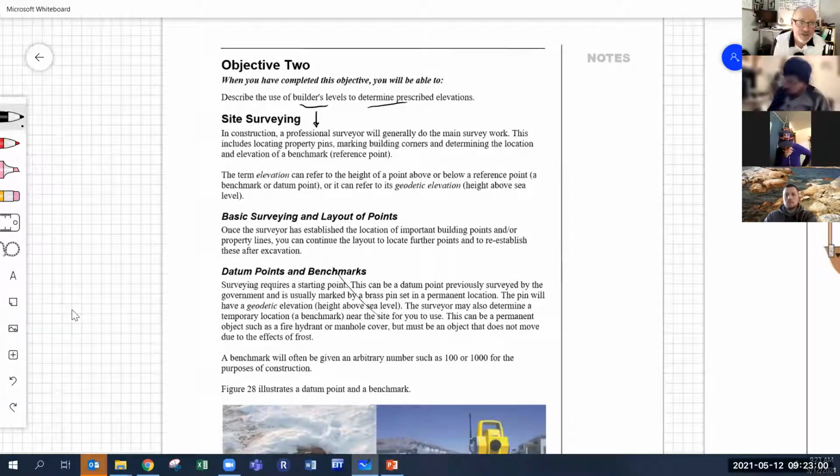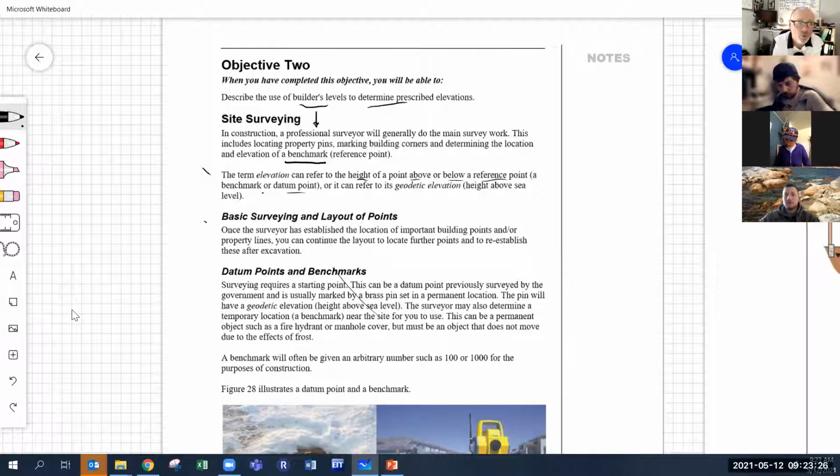They are going to give us a benchmark. The benchmark will be determined. We don't do that. We just use the benchmark to then determine our own elevations. And again, that term elevation refers to the height of a point above or below a reference point, a benchmark, or datum.